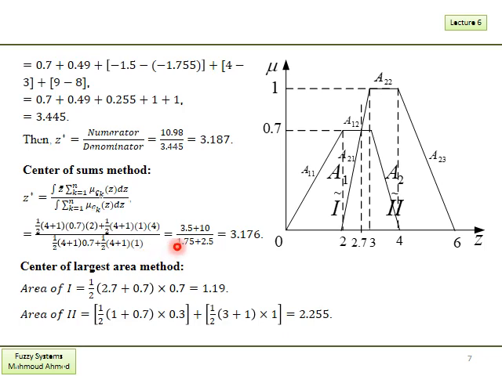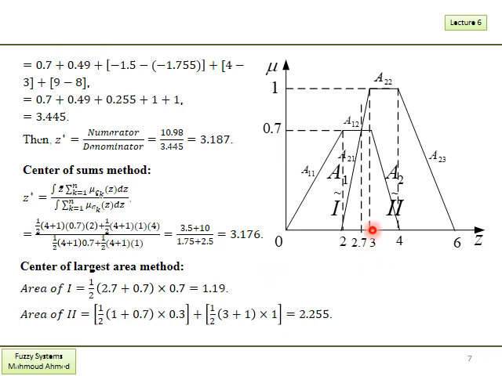After calculating the value of this fraction, we got the defuzzified value 3.176.